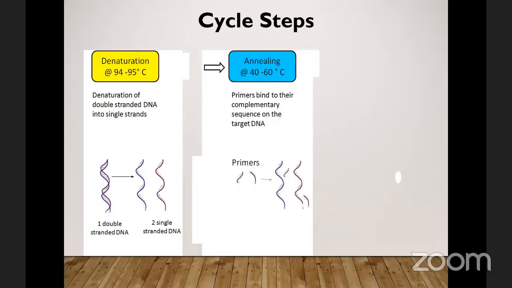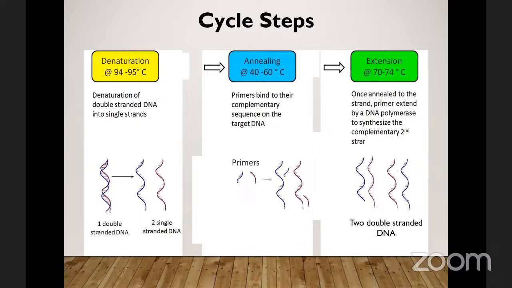I think there are 3 stages. I said the PCR cycling steps are modeled after DNA replication, like I just showed you: initiation, elongation, and termination.